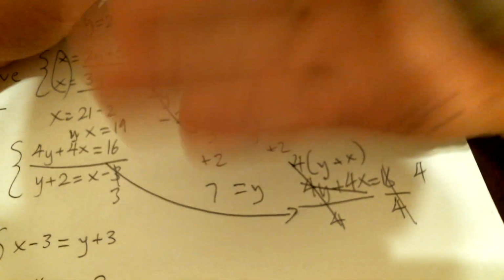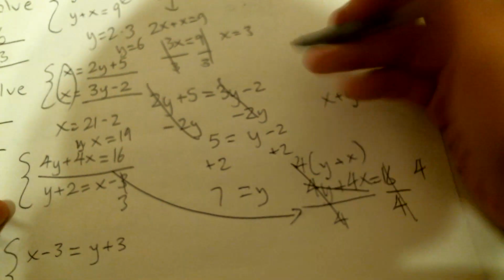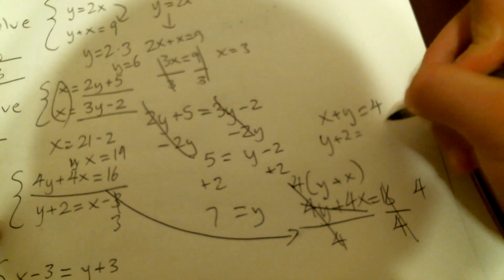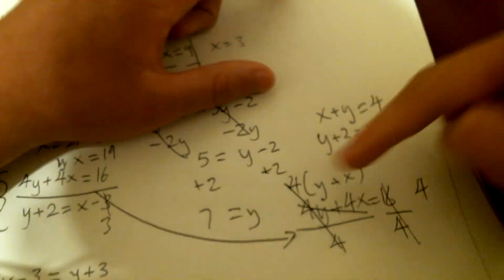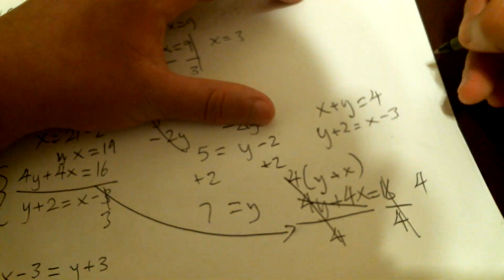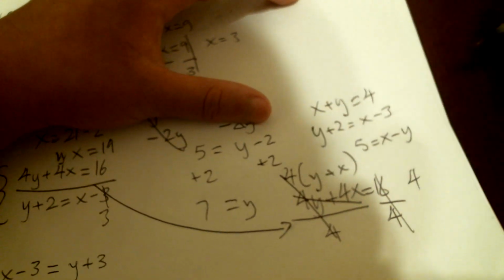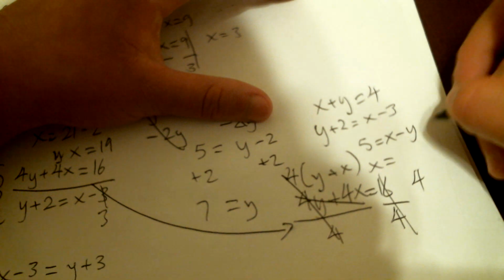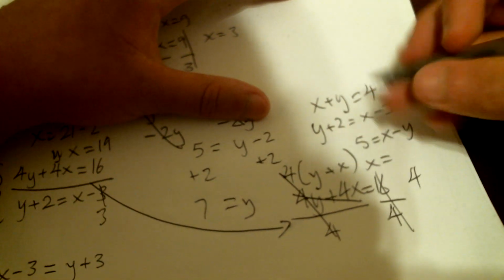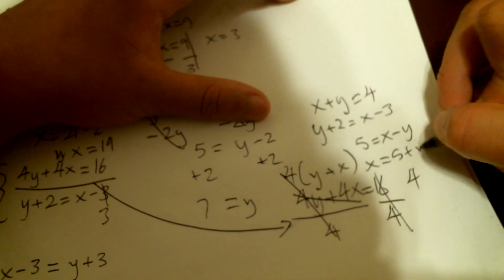And the other equation is y plus 2 equals x minus 3. So we can also simplify this. Here 5 equals x minus y, and x would equal, when we add y to both sides, 5 plus y.